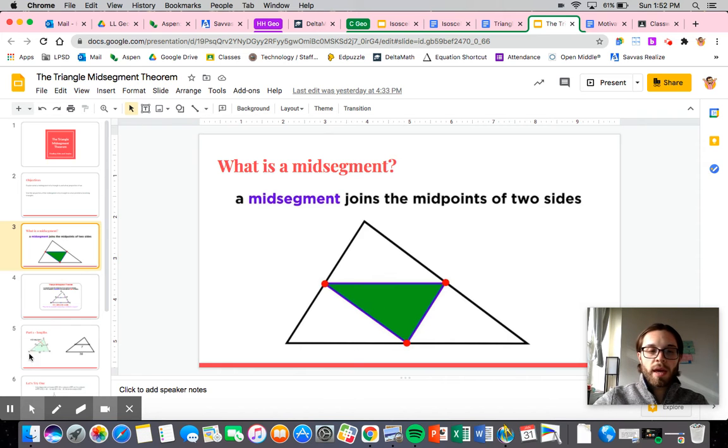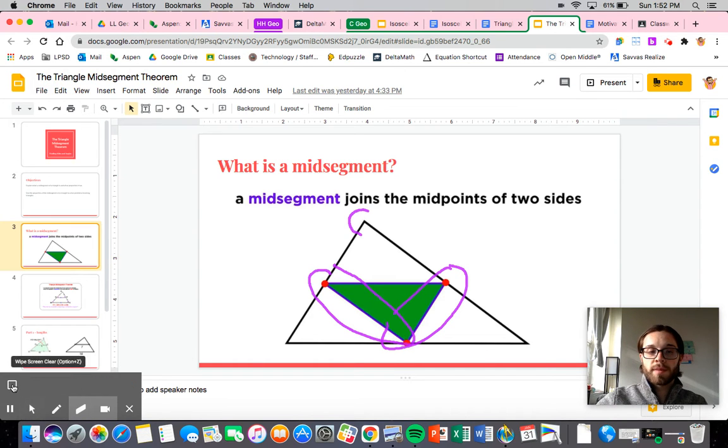An important thing to note is that for this midsegment, if you were using these two sides, this side over here is the one that you're not including when you're making your midsegment. So that's just important to keep in mind, right? When we're using these two midpoints to make this midsegment, we're not including this larger side over here, okay?